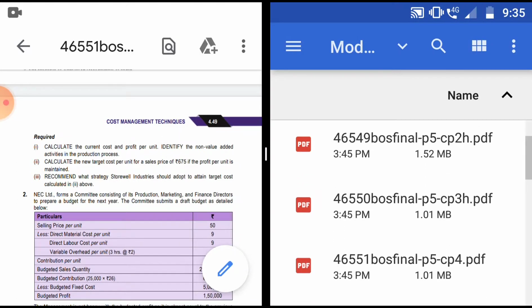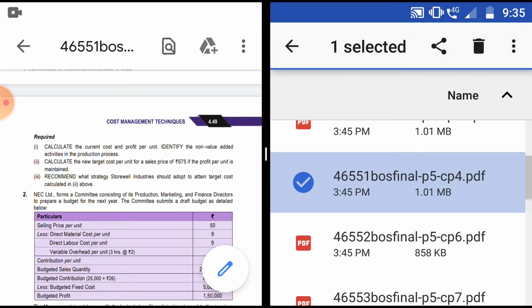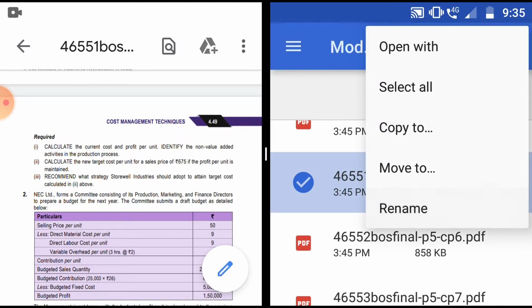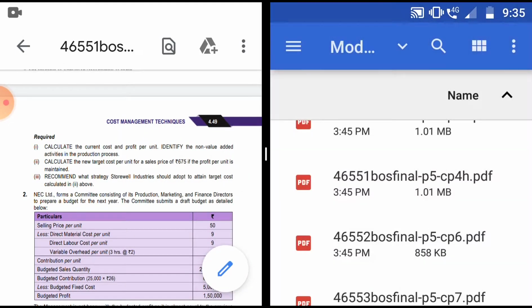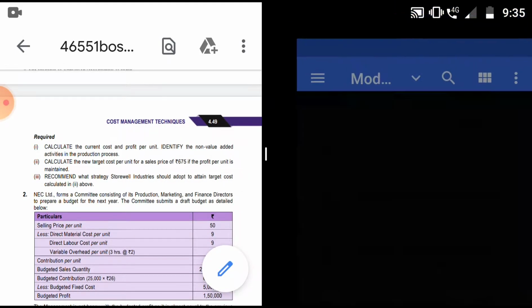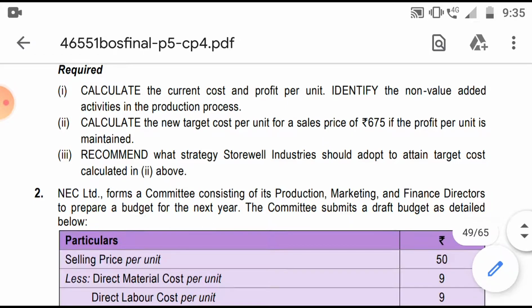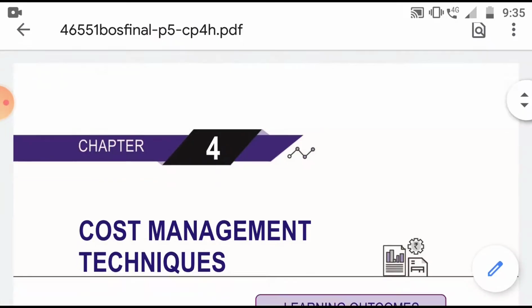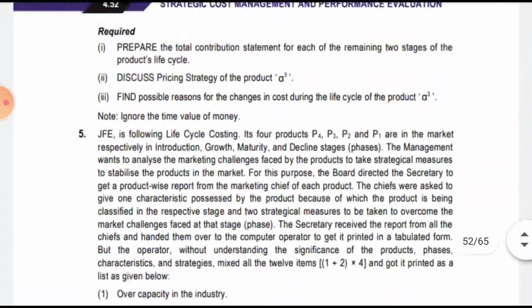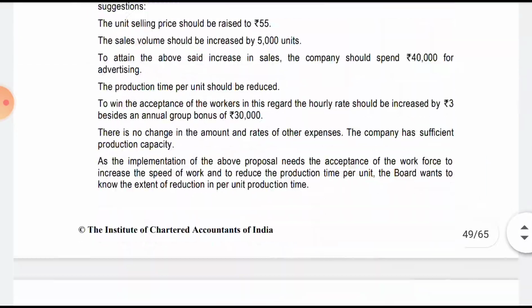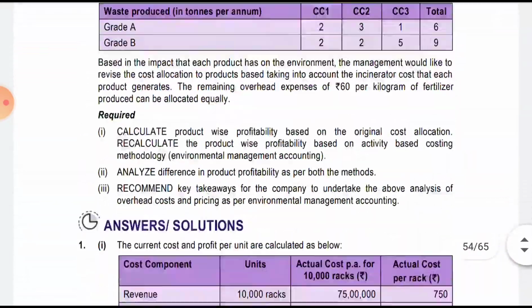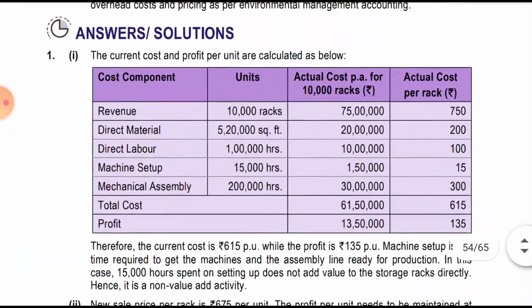I will open another tab. So here is the solution to the first.